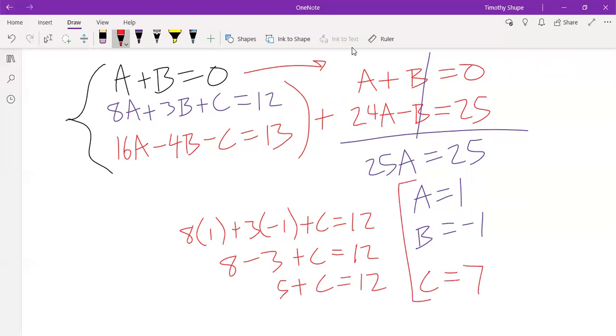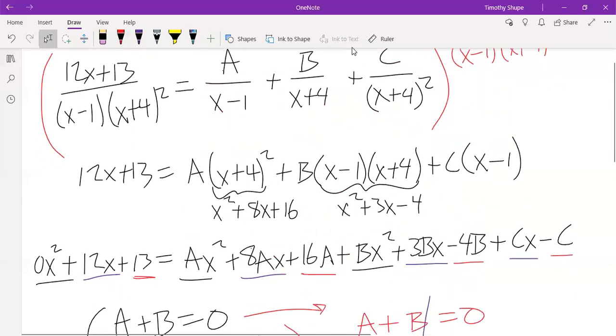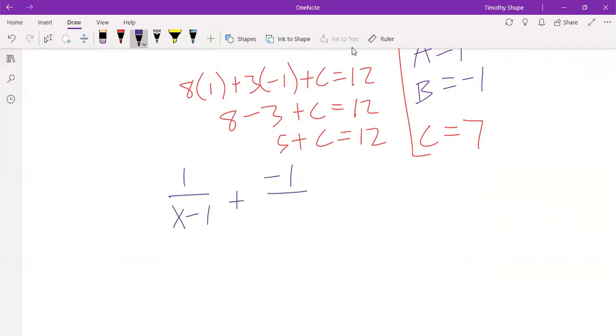So these three values here, A equals 1, B equals negative 1, and C equals 7, become the values that we're going to use when we plug this back into our original fraction. If I come back up here, that A, B, and C is what I'm looking at. So A over x minus 1 means I've got 1 over x minus 1, plus B, which was negative 1, over the x plus 4.